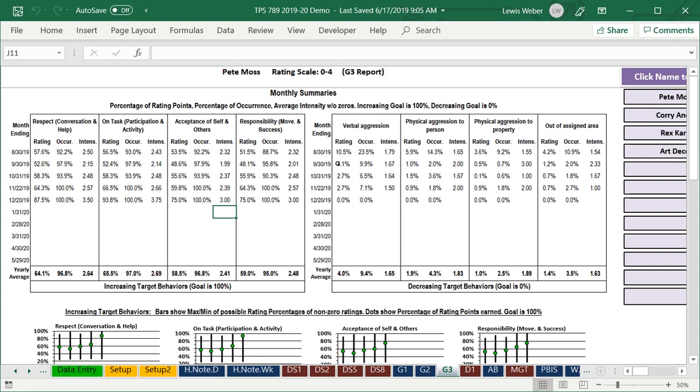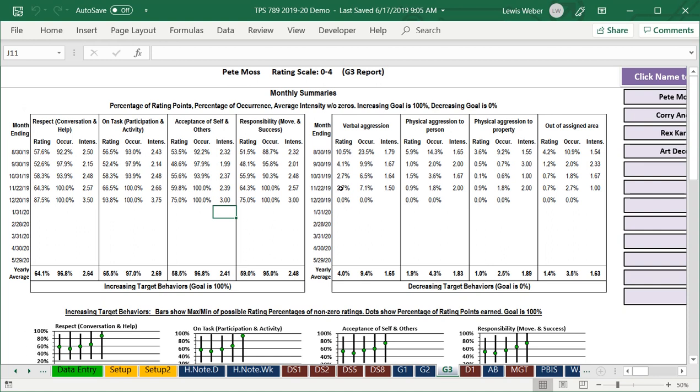Anything that's not a zero is going to start to bump up these percentages. If the student earned all zeros, as Pete did for December, then the rating percentage would be 0. If Pete earned all fours, it would be 100%.